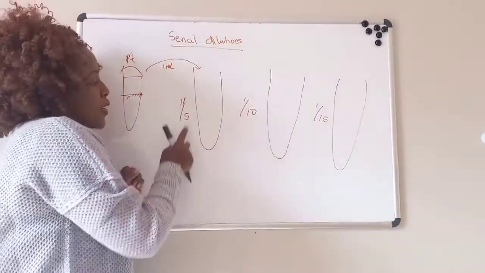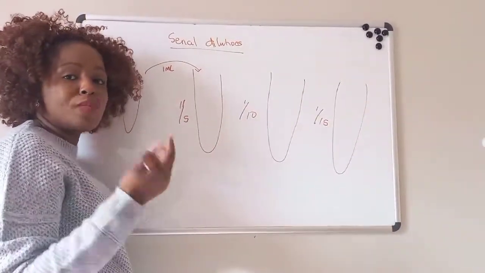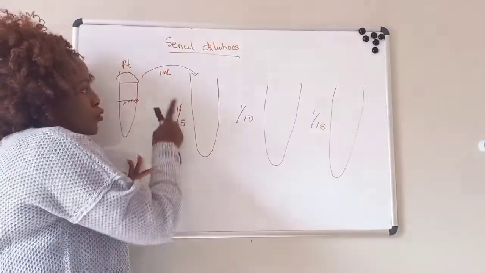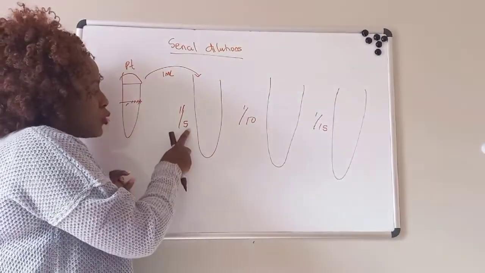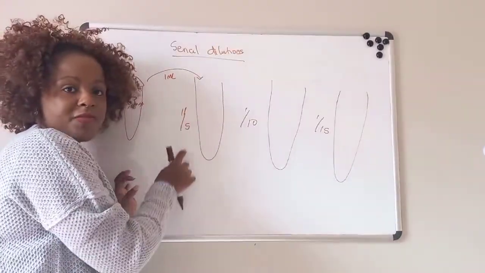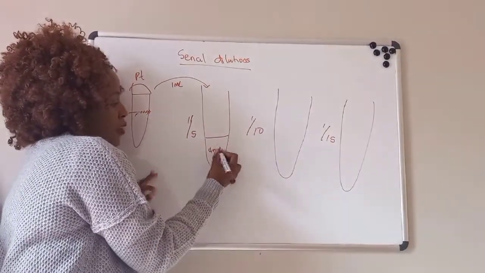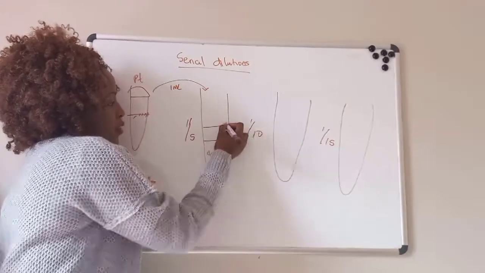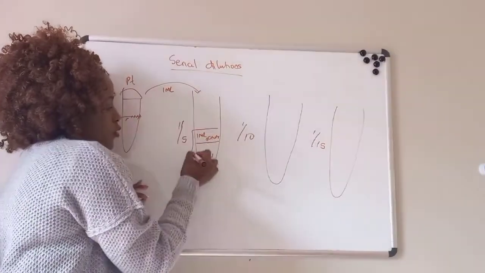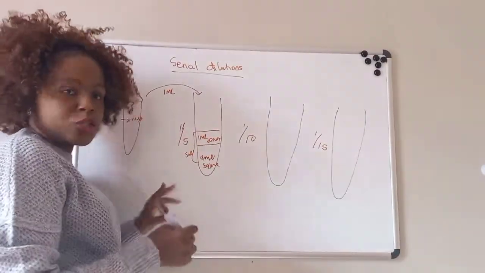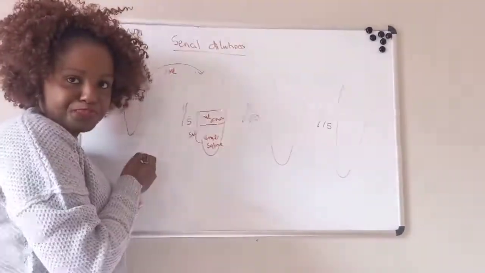Now, to make a 1 in 5, if you can remember from the previous video, to know how much diluent you must use, you are going to multiply this 1 ml by 4, because at the end, you must end up having a 5. So it means for your diluent, it's going to be 4 ml saline, and then you're going to have 1 ml serum. And this will give you a total of 5 ml. So in this case, you have done a 1 in 5 dilution.